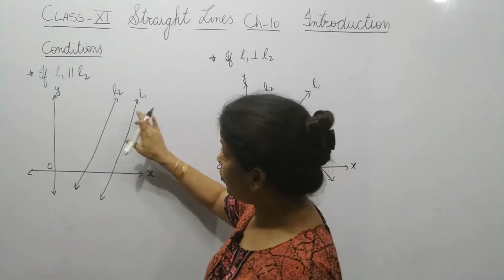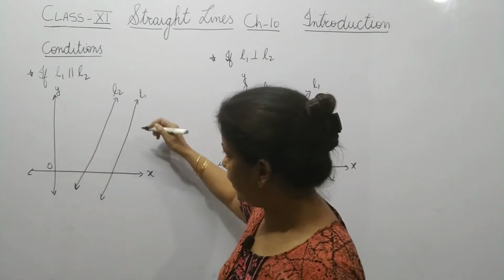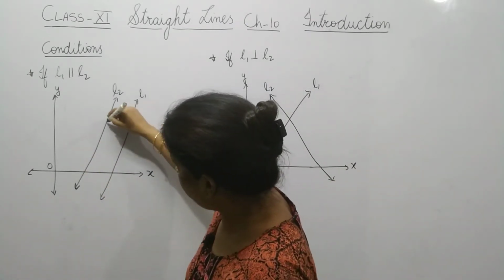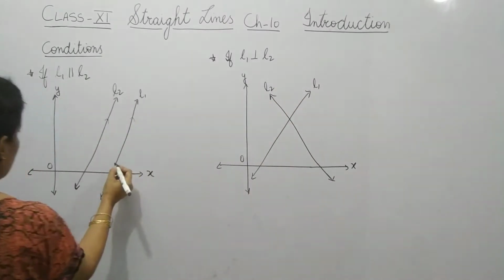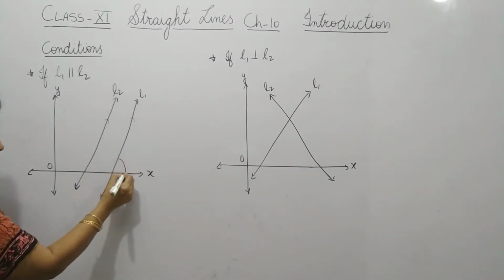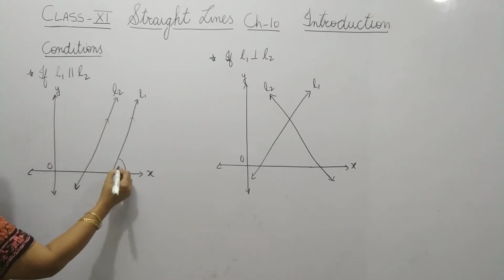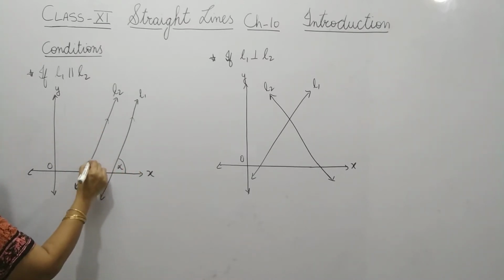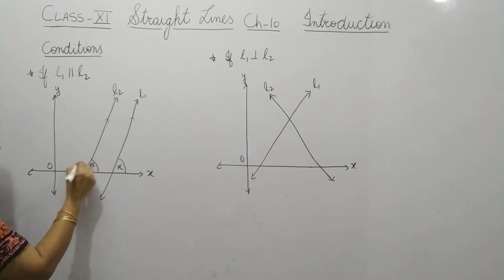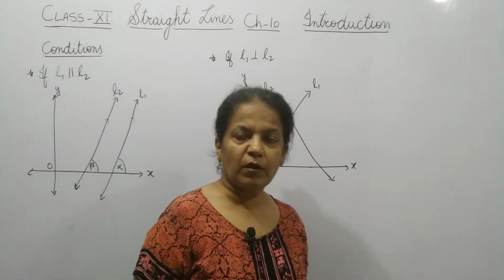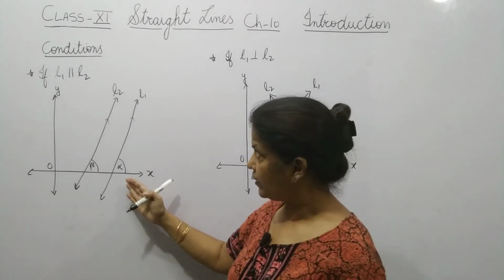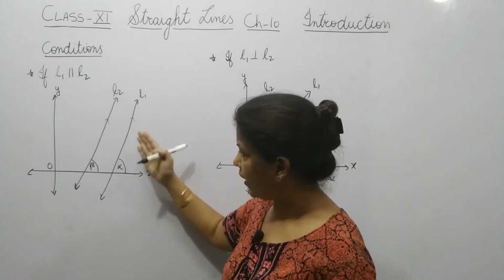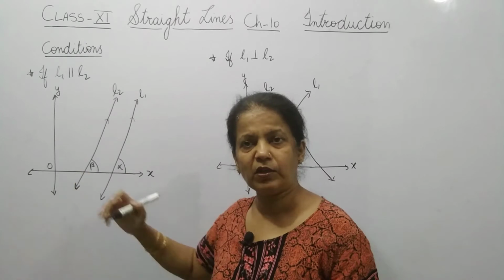So if two lines are parallel to each other, look here, if these two lines are parallel to each other and with the positive x-axis and anti-clockwise, let one angle be alpha and the other angle be beta, meaning the theta or inclination which these two lines are making are alpha and beta.